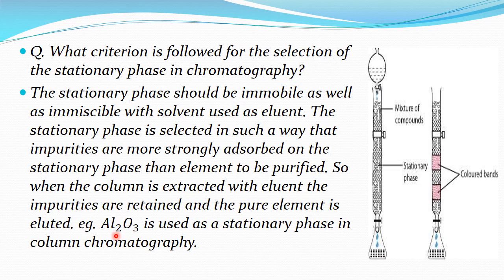So we can use Al2O3 as the best adsorbent or stationary phase in column chromatography for purifying impure metal. I hope you understood this chromatographic technique. Okay, here is the end of the chapter. Thank you.